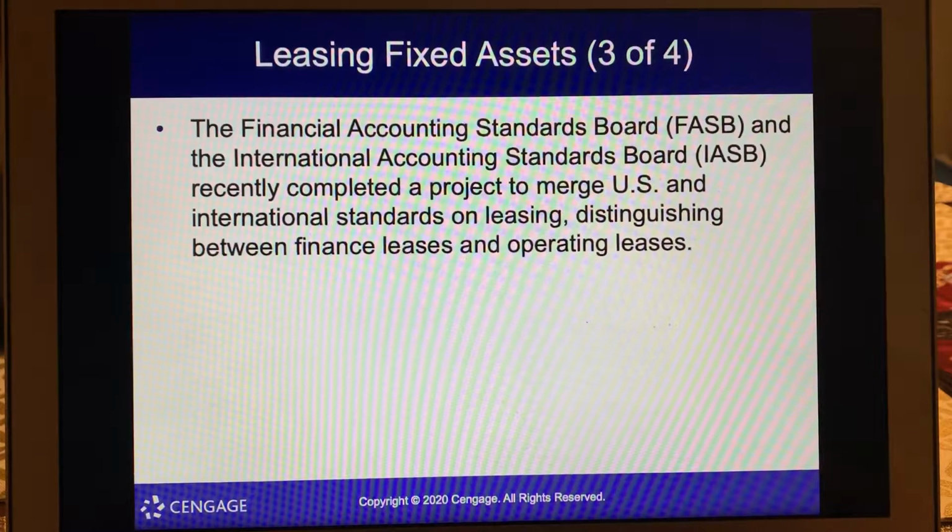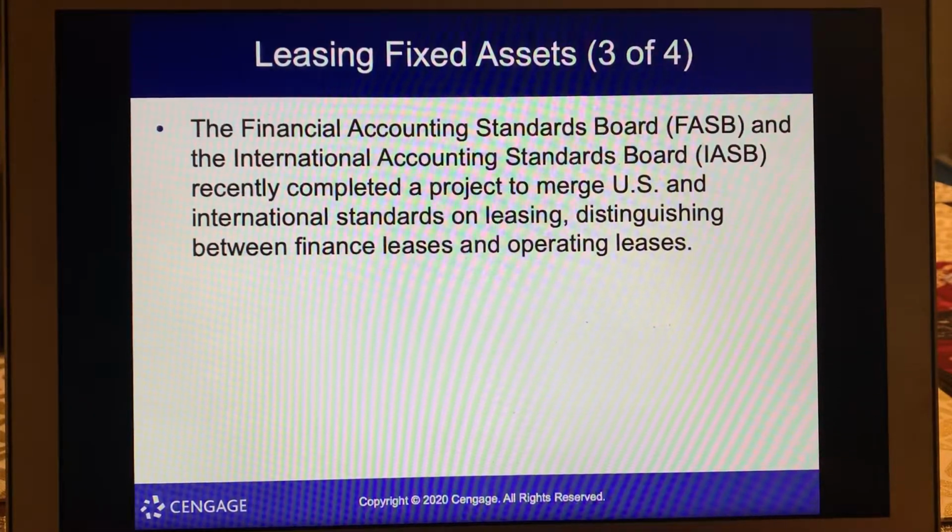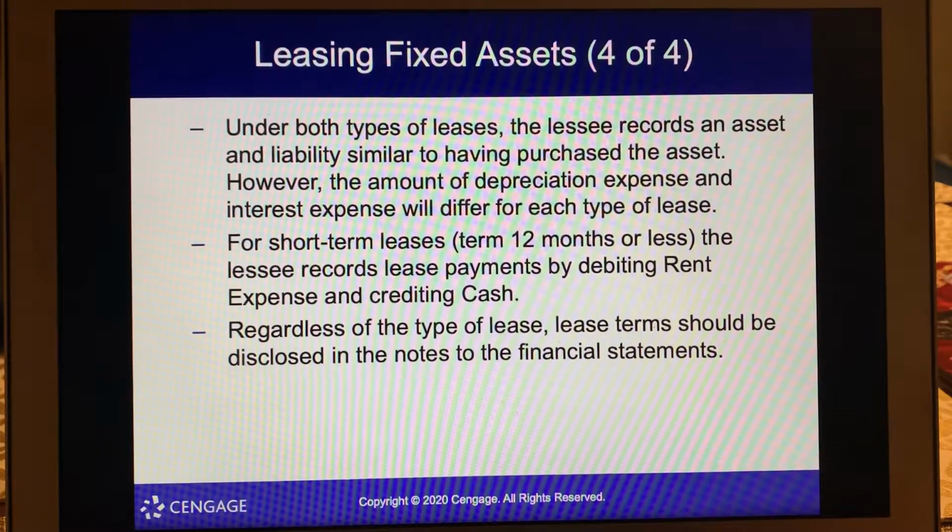The Financial Accounting Standards Board, FASB, and IASB recently completed a project to merge U.S. and international standards on leasing, distinguishing between finance leases and operating leases. Under both types of leases, the lessee records an asset and liability similar to having purchased the asset.